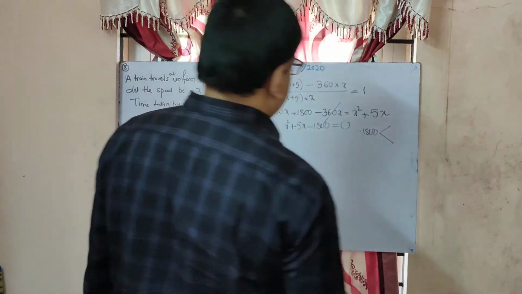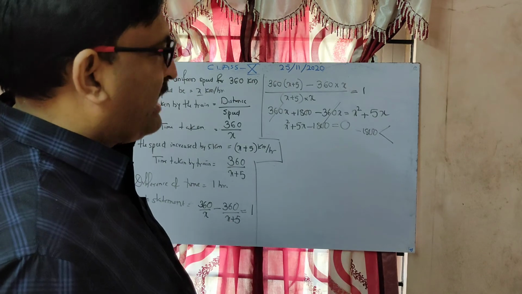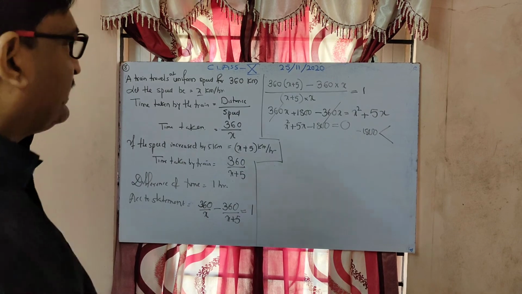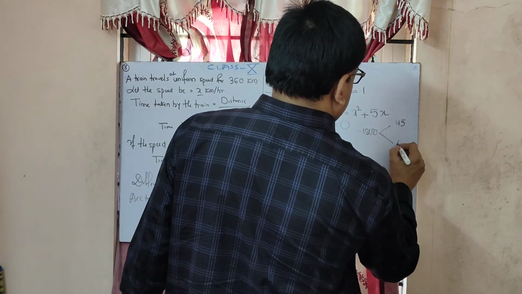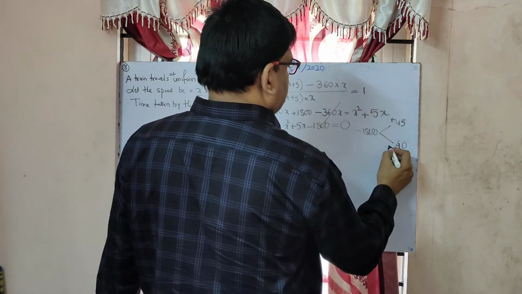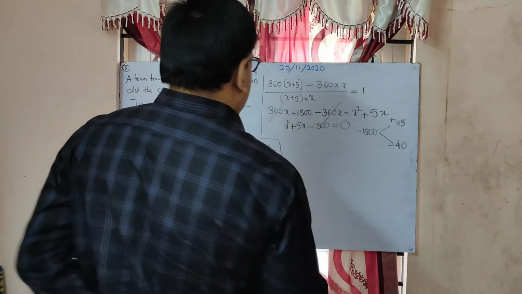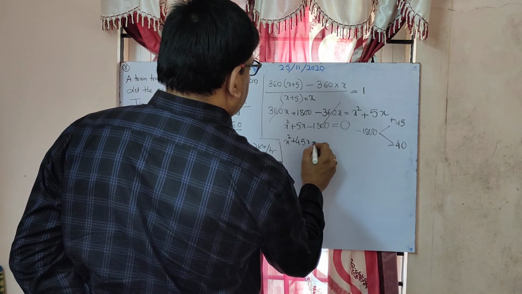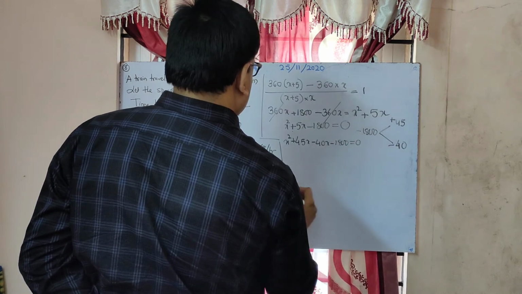What are the two numbers? If you multiply those two numbers, you should get 1800, and if you subtract those numbers, you should get plus 5. You can work it out: 45 and 40. Here it is plus, so the big number will be plus, the small number will be minus. So x square plus 45x minus 40x minus 1800 is equal to 0.